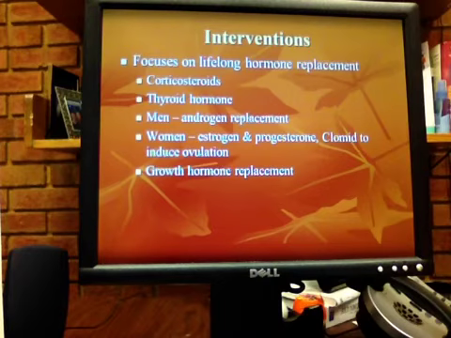Growth hormone replacement, that'll help increase energy. It helps provide for a lean body mass and a feeling of well-being. The dosing on growth hormone is going to be variable depending on relief of symptoms, also depending on what the IGF levels look like, and the development of side effects.